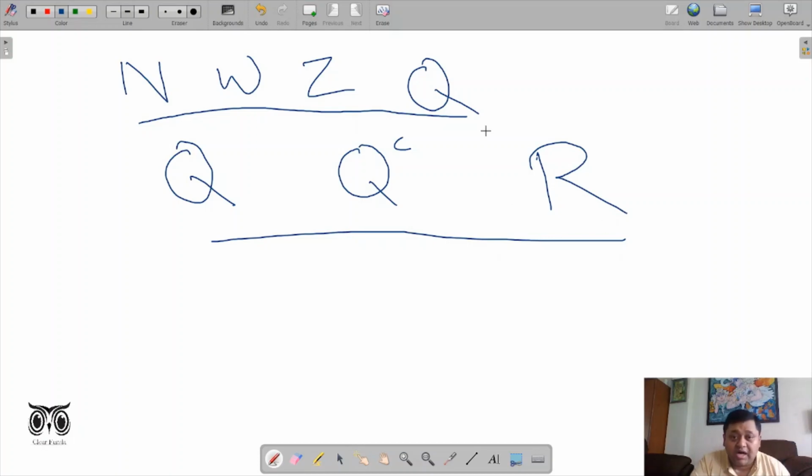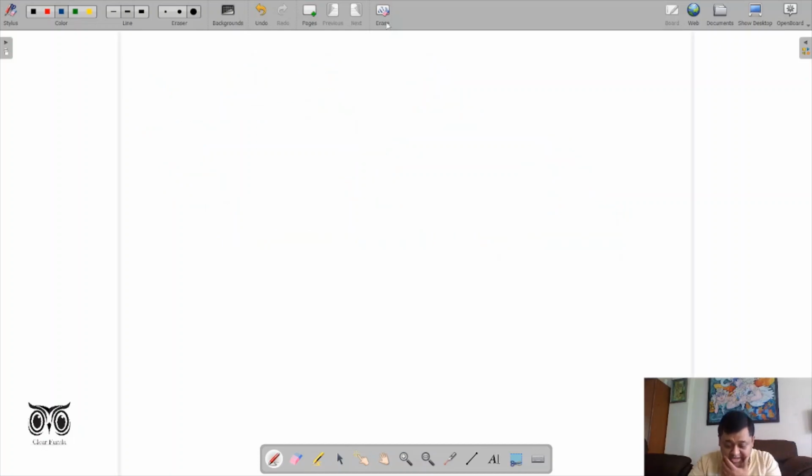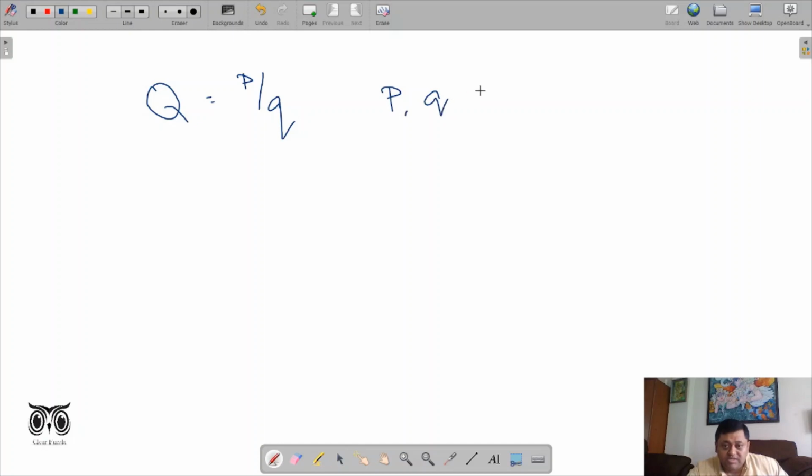So now, let us get to the most important part of the course, that is our decimal representation of rational numbers. So if there is any rational number, say p by q, such that p and q belong to integers, and q not equal to 0.